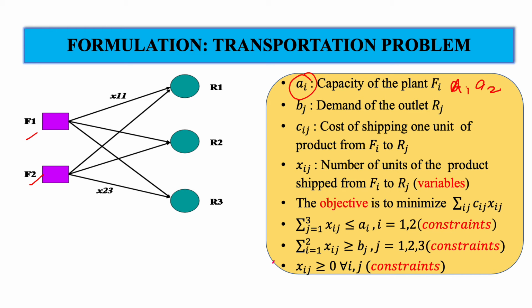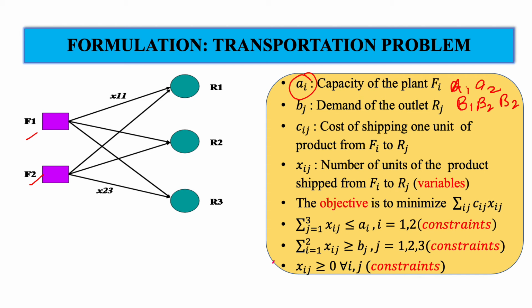Retailer outlets R1, R2, R3 have a weekly demand of say B1, B2, B3. To ship fertilizer from plant to outlet, there is a cost involved. Let Cij denote the cost of shipping 1 unit of fertilizer from factory Fi to retailer Rj.